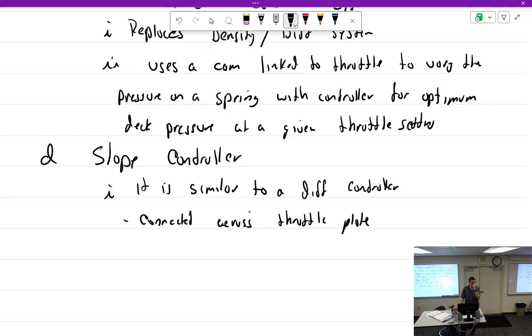And it's almost like what happened is they took the system with the two controllers, ripped out the density controller, left one alone, and said, let's rename it. It's called slope control because it does the exact same thing. And so I believe, and I could be wrong, if you have a slope controller, in other words, a density controller, then you would also have a pressure relief valve in upper deck.